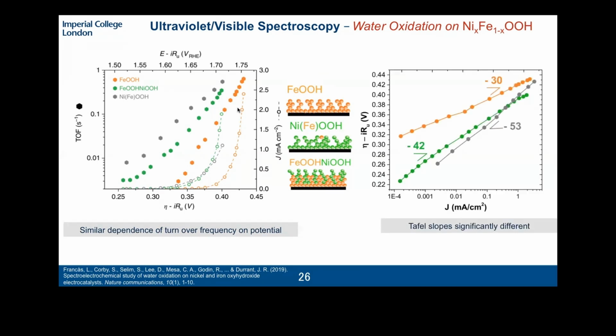If you were to just look at the electrochemistry, you wouldn't necessarily reach the same conclusion. Here you have quite different Tafel slopes going all the way from 30 to 50 millivolts per decade. And just based on this data, you might be tempted to say there are possibly different mechanisms at play, but once we correct for how the density of these species changes as a function of potential, we see that they're all following quite a similar mechanism in this case.